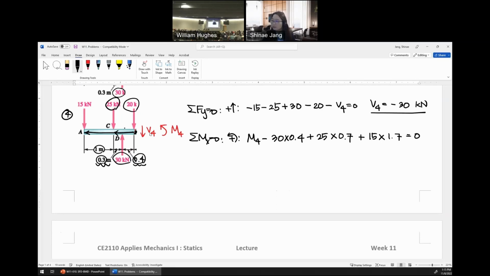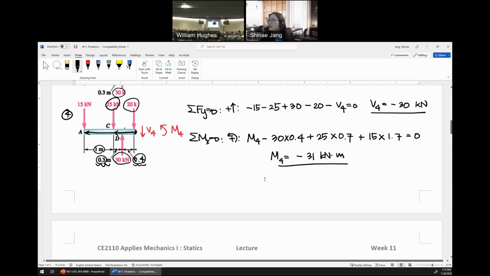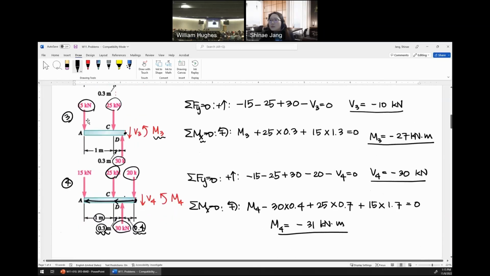So let me check. Okay, yep, that's right. And then M4 is now minus 31 kilonewton meter. Okay, so I'll show you sections 3 and 4 again. So V3 is minus 10, M3 is minus 27, V4 is minus 30, and M4 is minus 31.